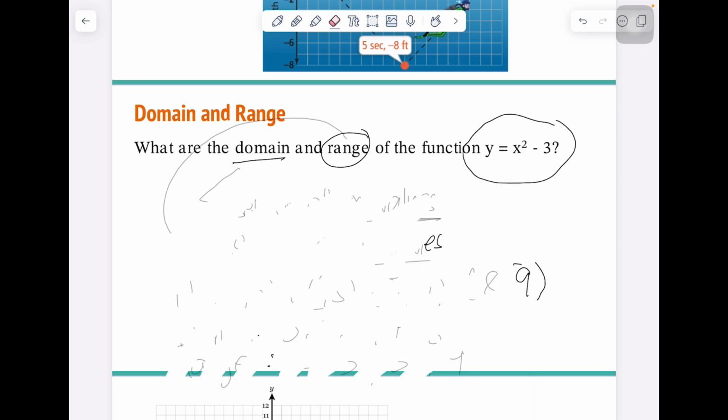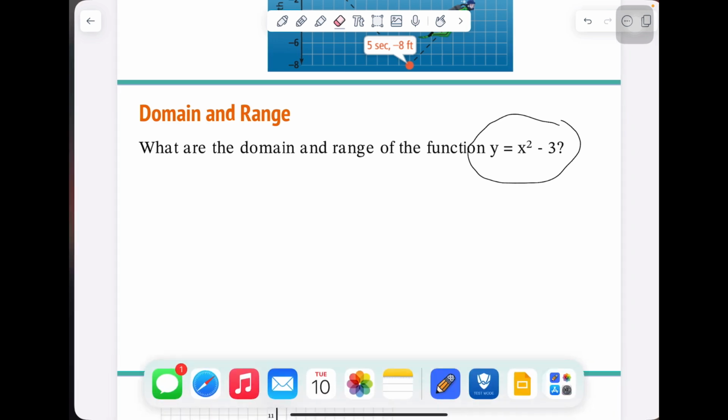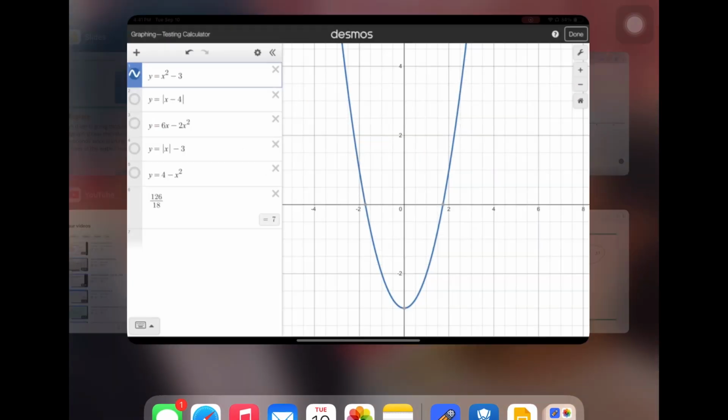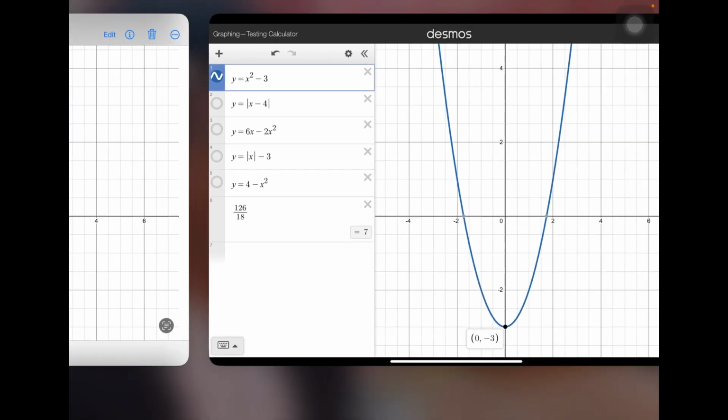What if you were given a function? We have to find the domain and range of the function y is equal to x squared minus 3. Its vertex is at 0, negative 3.